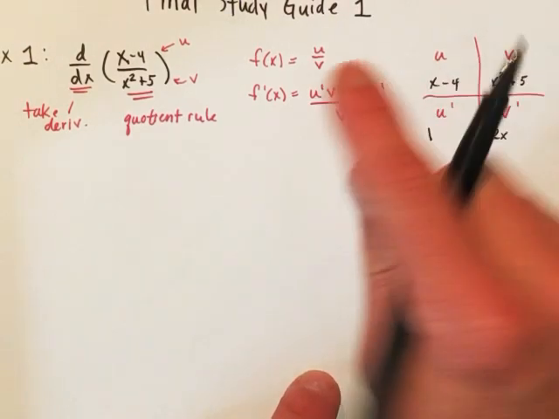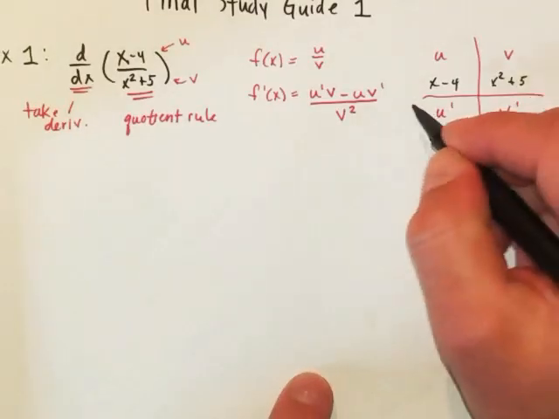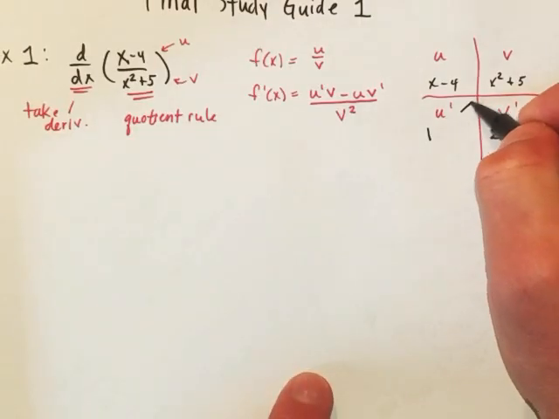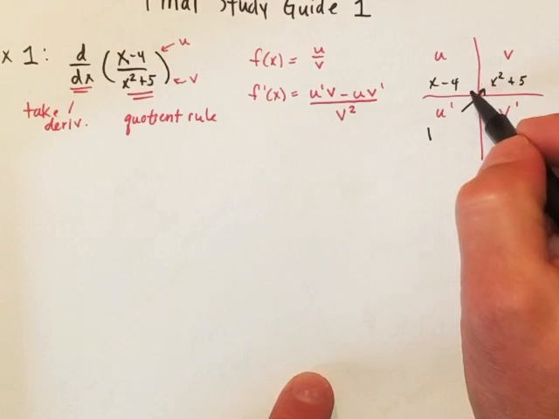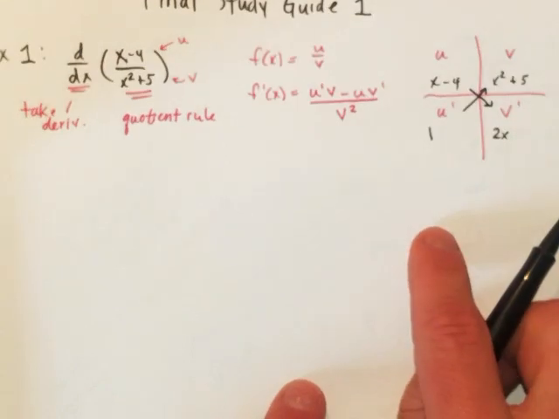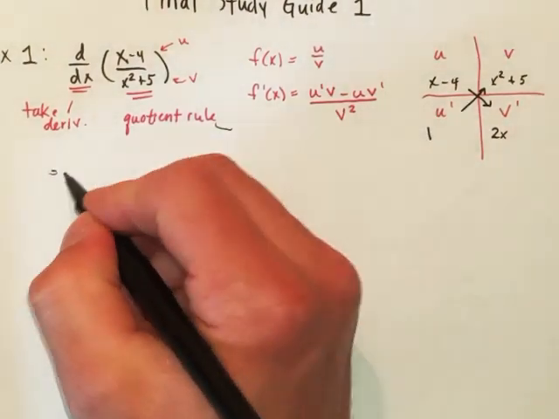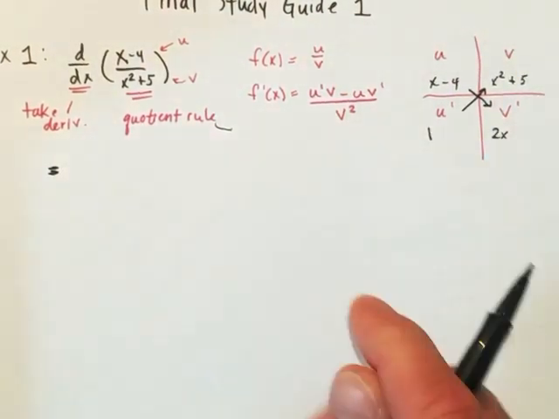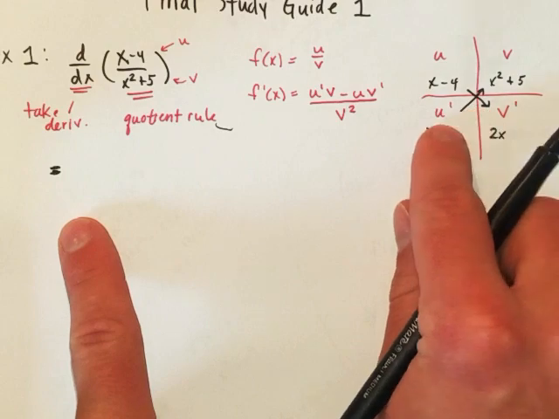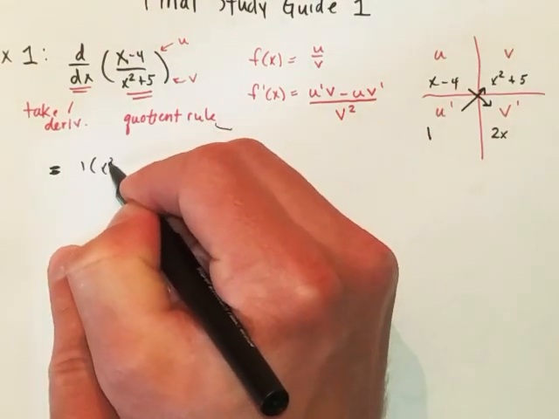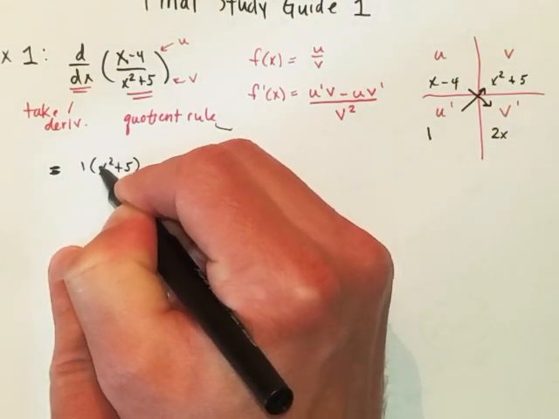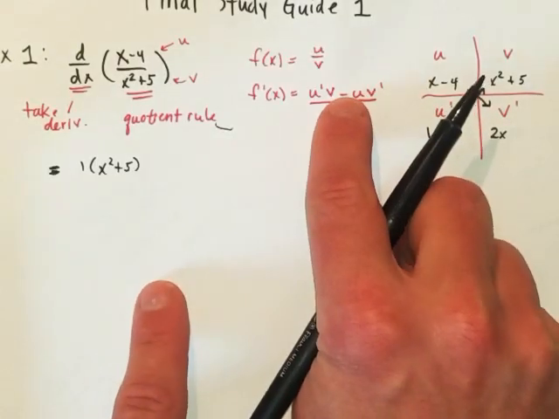And then remember that when we did this, we had to go in a specific order. We had to go u prime to v, here to here, and then u to v prime. So let's look at what that's going to look like, and I'll put our answer over here. So let's go from u prime to v. That'd be 1 times x squared plus 5. And then we have to put a minus sign.